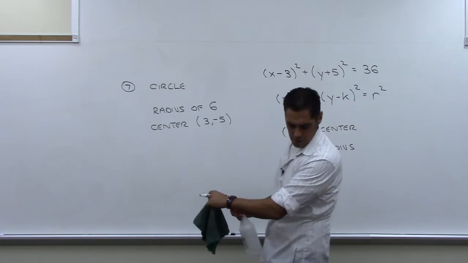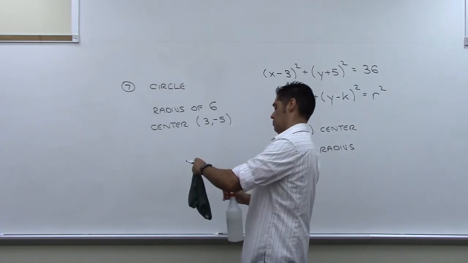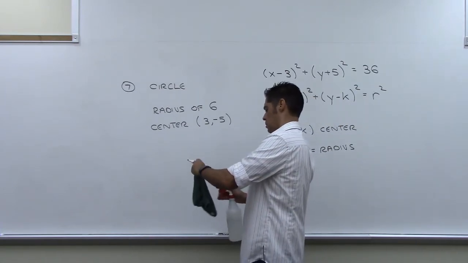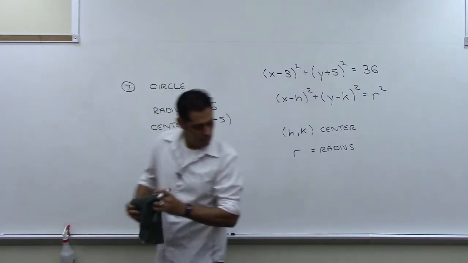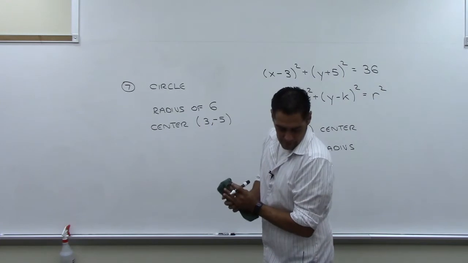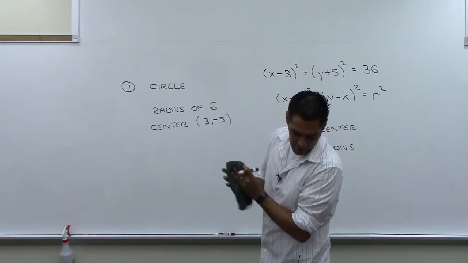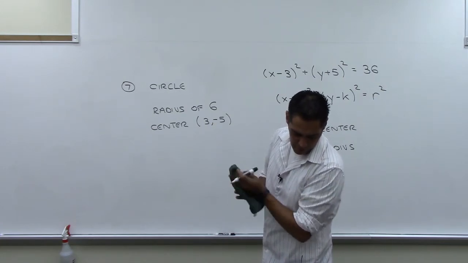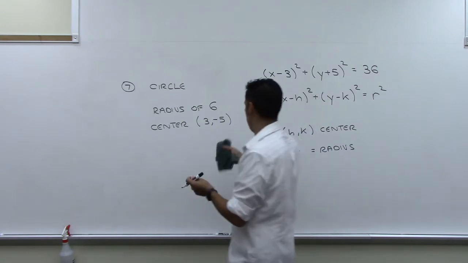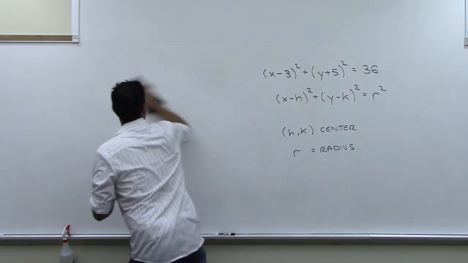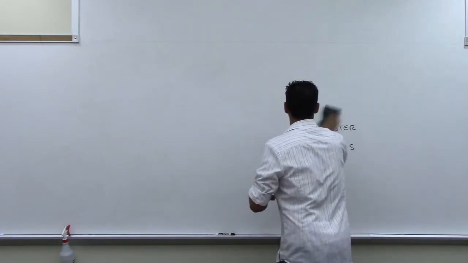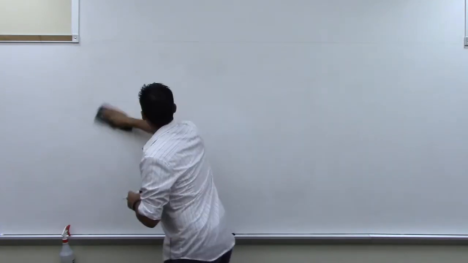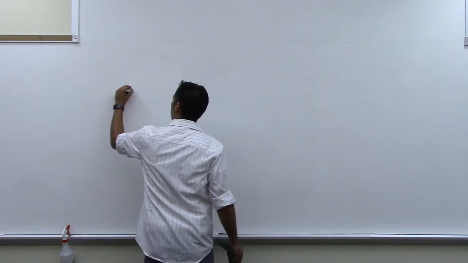Now we're going to move on to number 9. So find the center and the radius of each circle, write in standard form. Okay, so they give you a picture for number 9. So I'll do my best to draw this picture. Okay, number 9.